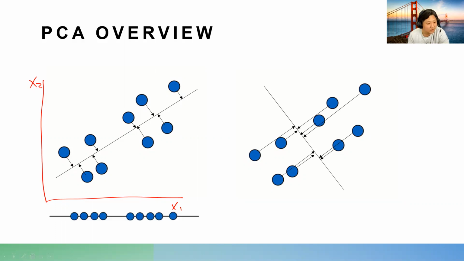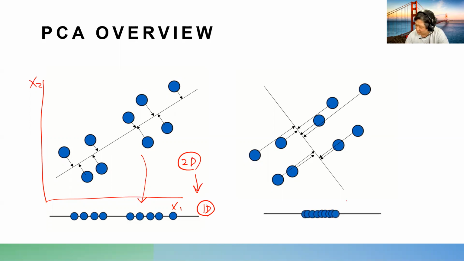If I rotate a little bit, this is 1D data, and this is 2D data. We'll reduce it.